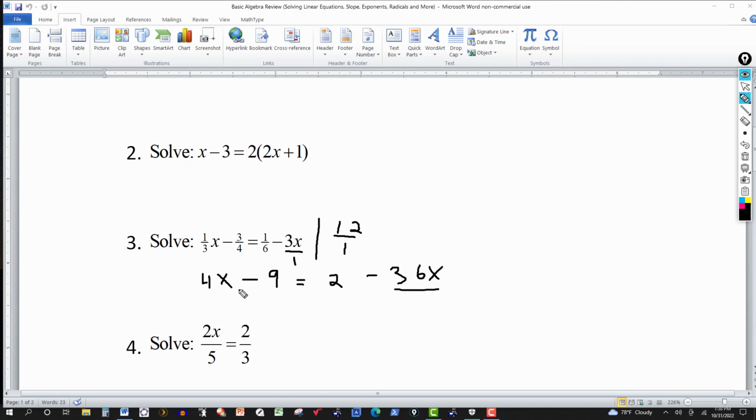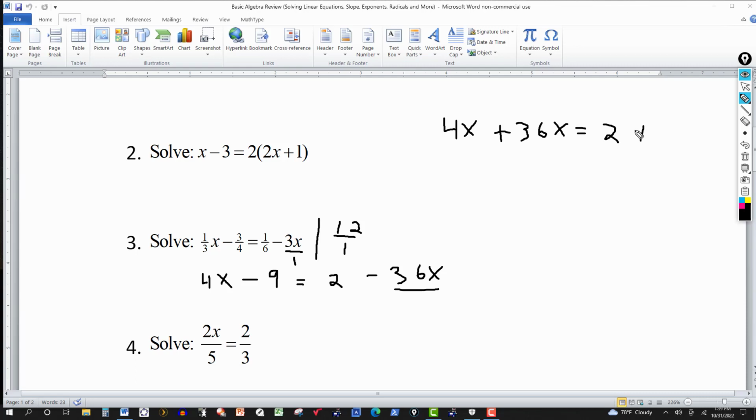It could be on the left side, it could be on the right side. So you can think of it this way and say, okay, it's going to be 4x. I want this one on that side, so I'm going to just bring it over. Just change the sign. Anytime you go from one side of the equals to the other, you bring in the term. Just change the sign. And then on the right side, the 2 is going to stay there.